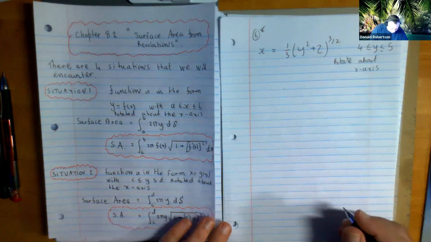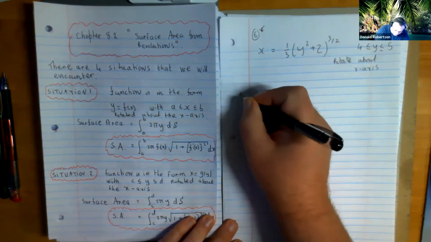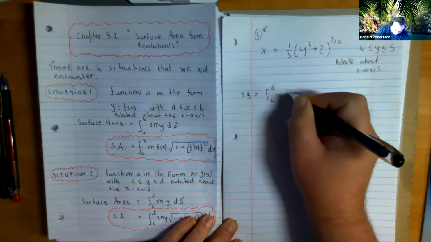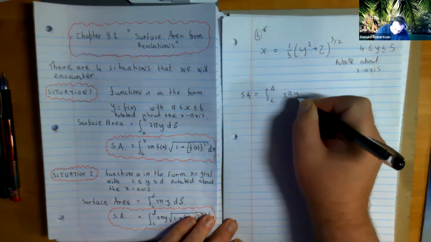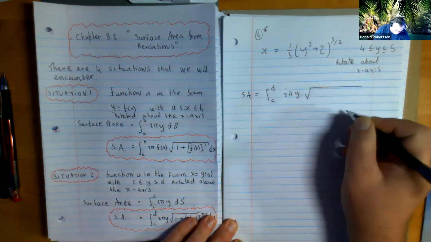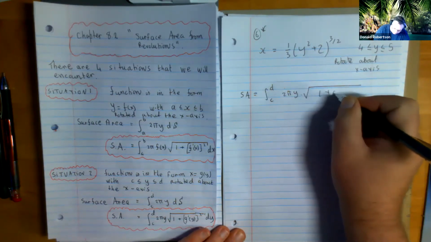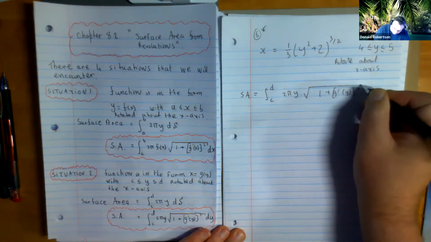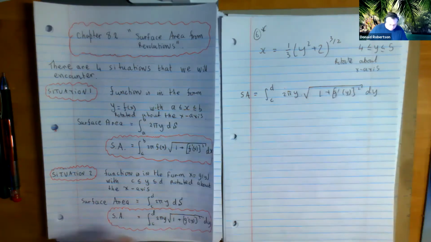So now that we have that, I can do the surface area. It's going to be the integral from c to d, 2 pi y, the square root of 1 plus g dashed of y squared, dy.